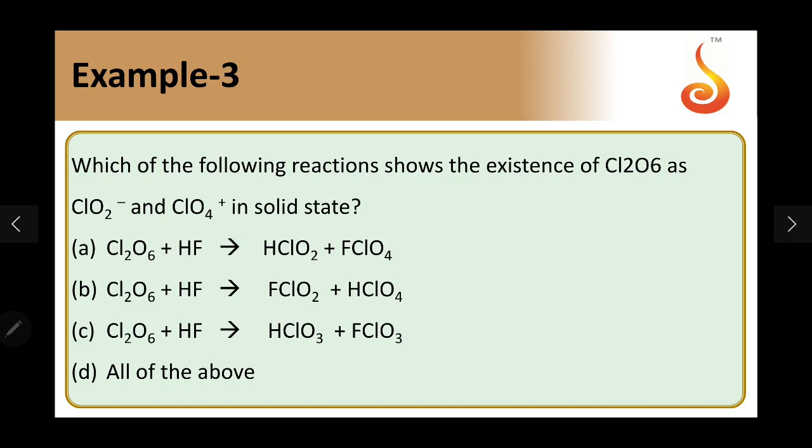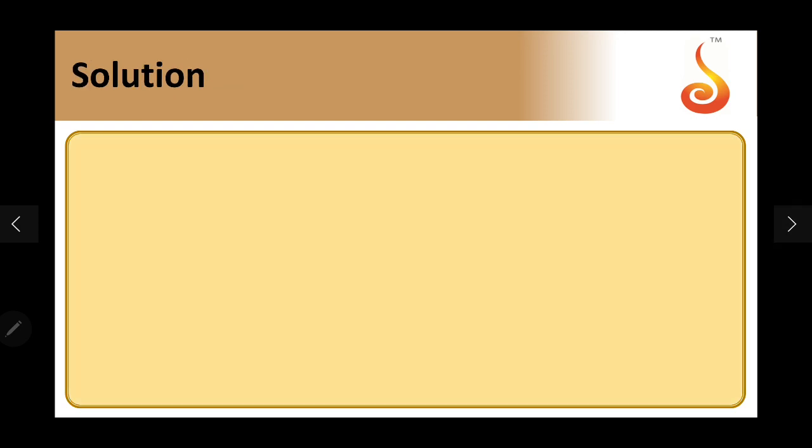Example 3. Which of the following reactions shows the existence of Cl2O6 as ClO2 minus ClO4 plus in solid state? So Cl2O6 compound can exist as, actually this is gaseous phase.